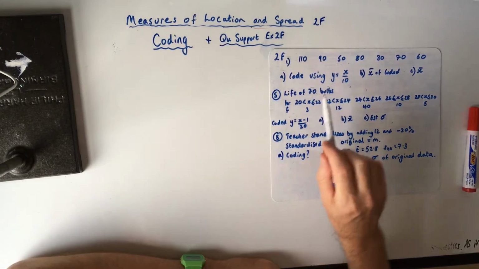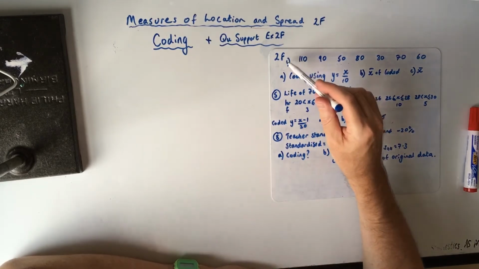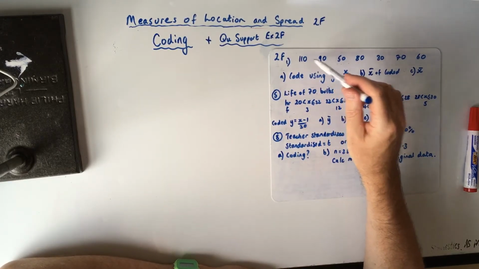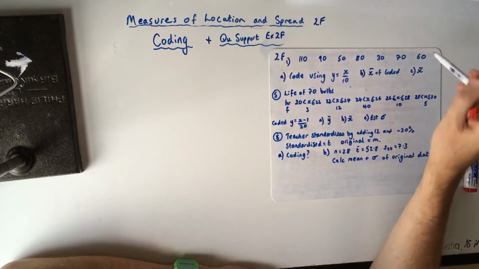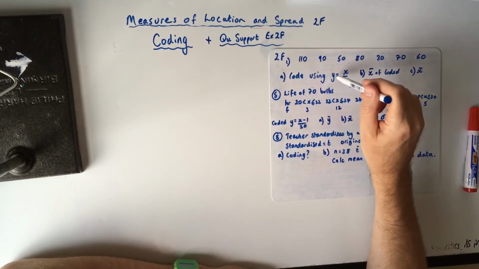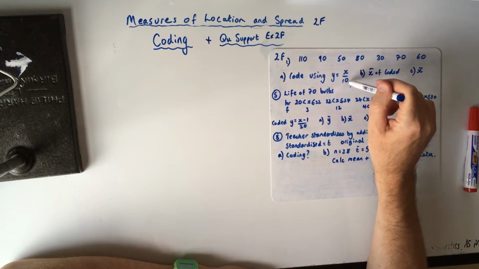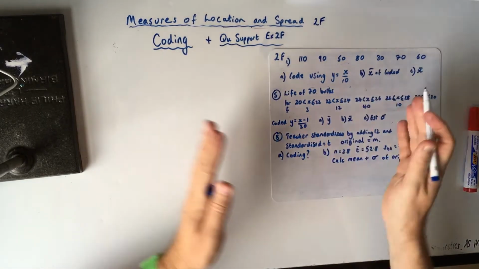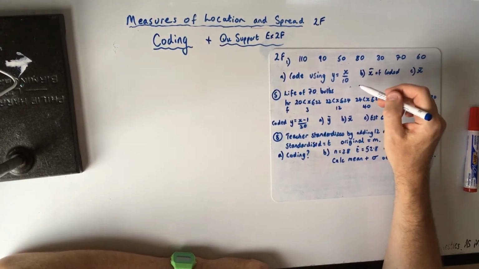Okay. The first one, question 1, it gives you some numbers, so 110, 90, 50, 80, 30, 70 and 60. And it says code using y equals x over 10. So it's not move them up or down, it's just divided by 10.